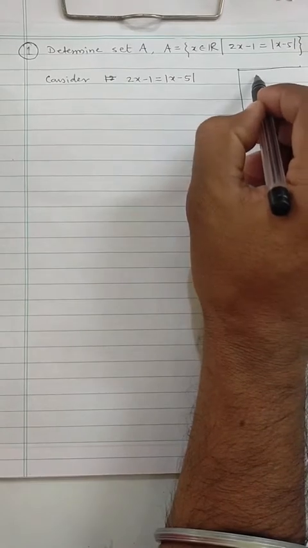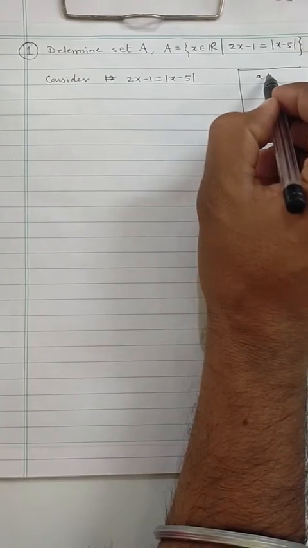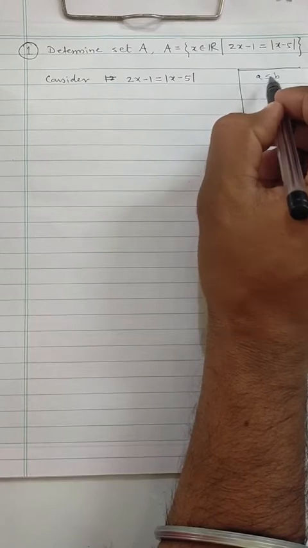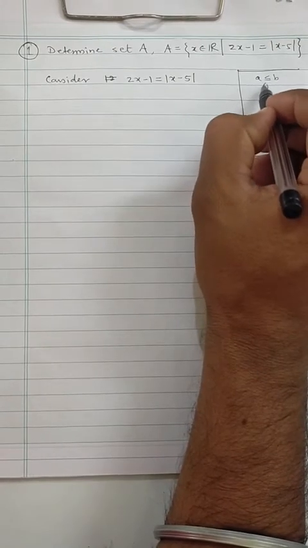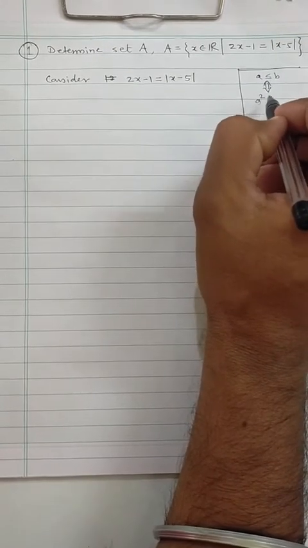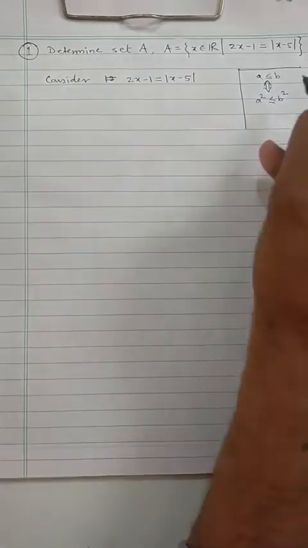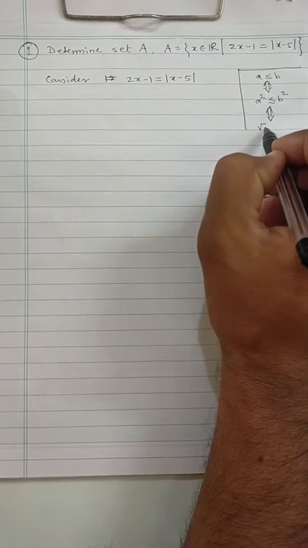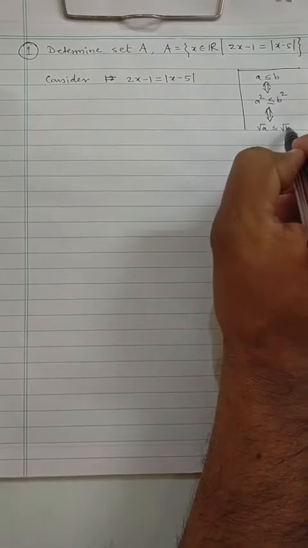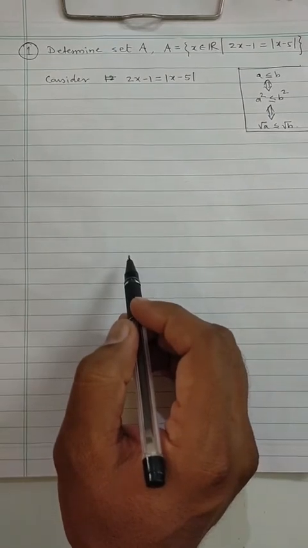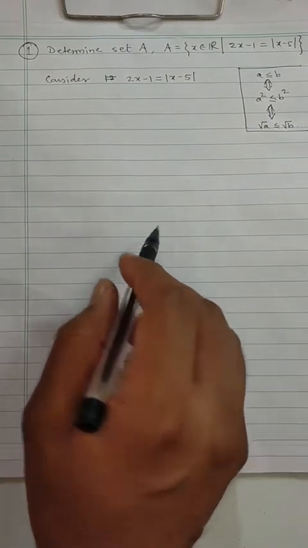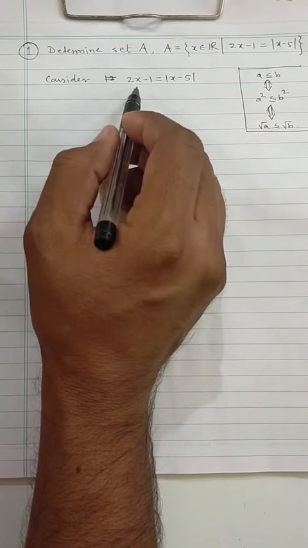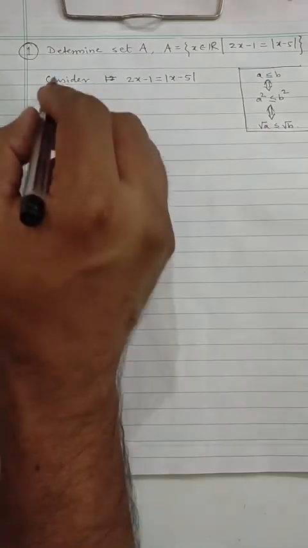We have seen that if A is less equal B, then it implies that A square is less equal B square, and it is also equivalent to root A is less equal root B if A and B are positive, right? So we can square both sides.